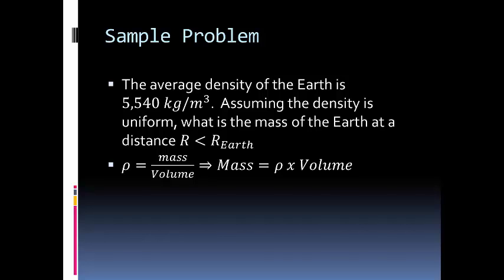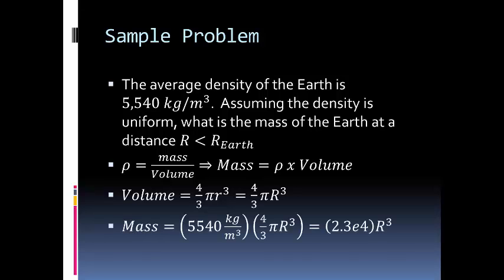Well, we know that density, rho, that's a rho, not a letter p, so rho is going to be mass divided by volume. Rearranging, we get mass is equal to the density rho times the volume. For a sphere, the volume of a sphere is 4/3 pi r cubed, or making the substitution 4/3 pi capital R cubed.